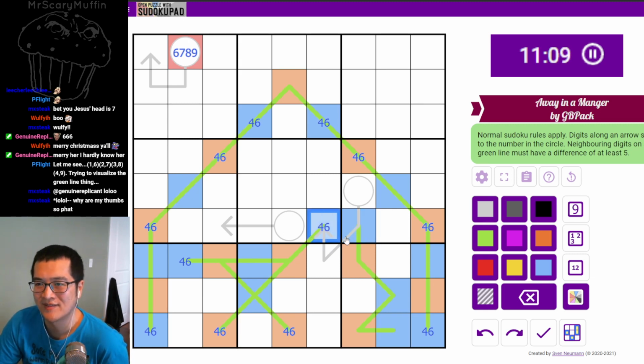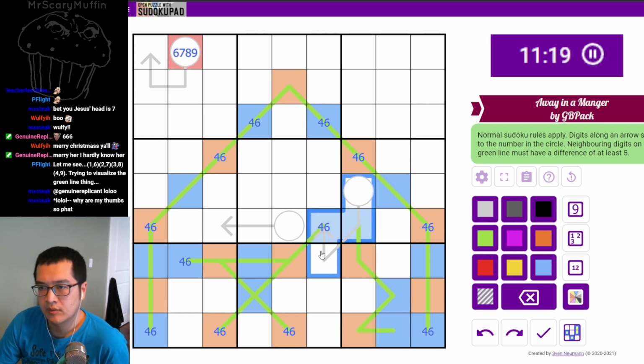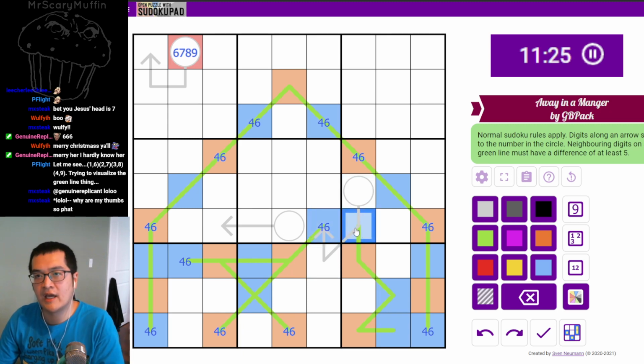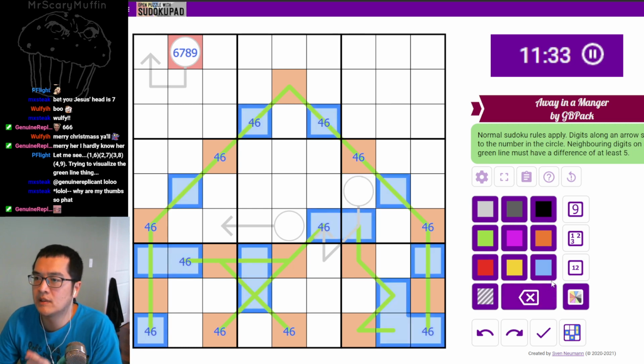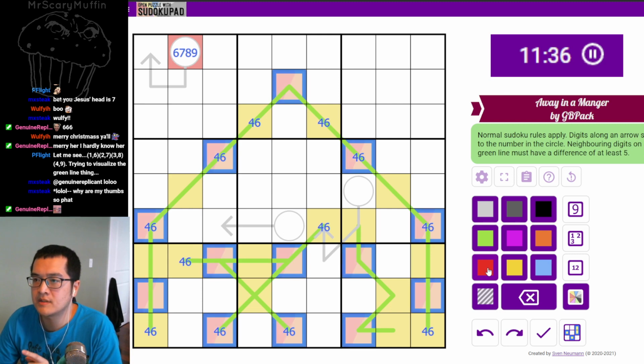I thought I had something here. We might, actually, wait, we might. Both these numbers are on this arrow, right? That means 3 numbers add up to another number. If both of these were highs, the lowest number they can be is a 6 and a 7, which is a 13, and we can't write 13 in a circle. So the blues must be lows, and the oranges must be highs.